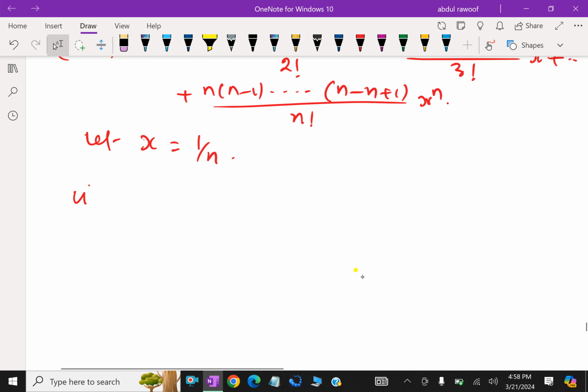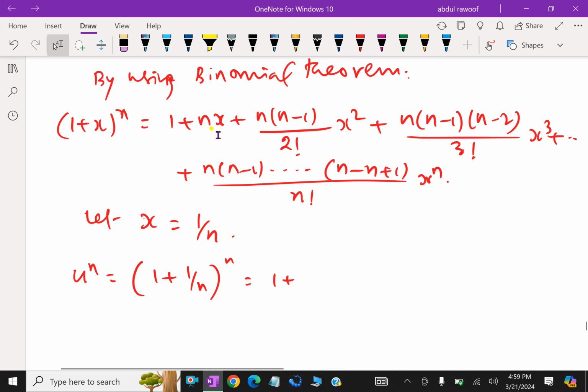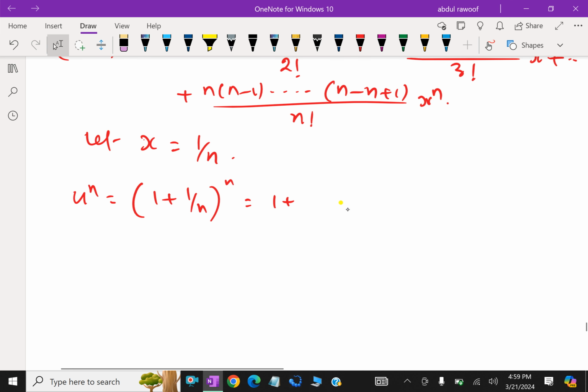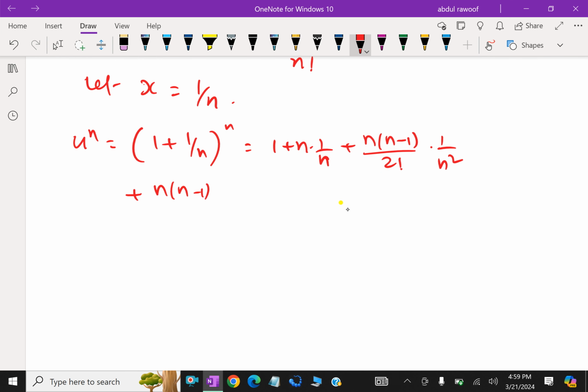That is u_n, which is (1 plus 1 over n) power n, equal to 1 plus n into 1 over n plus n into (n minus 1) by 2 factorial into 1 over n square, that is x square, then plus ... n into (n minus 1) into ... (n minus n plus 1) by n factorial into 1 over n power n.